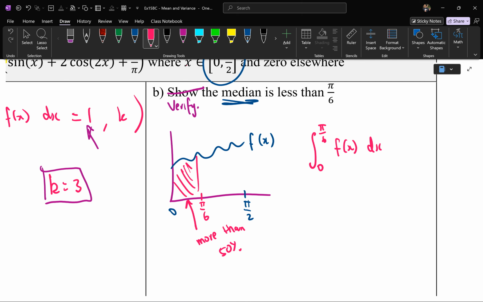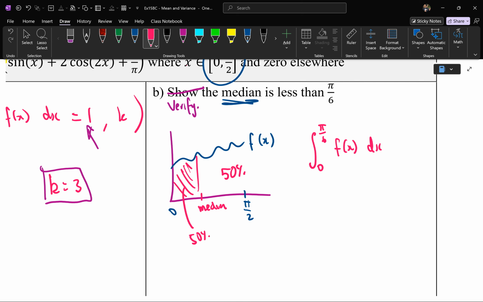So it's either 50% or less. When you say median, we're saying that if it's a median, this area has to be 50%, that area has to be 50% to make up 1. So they're asking us, can you verify that the median is less than pi on 6?